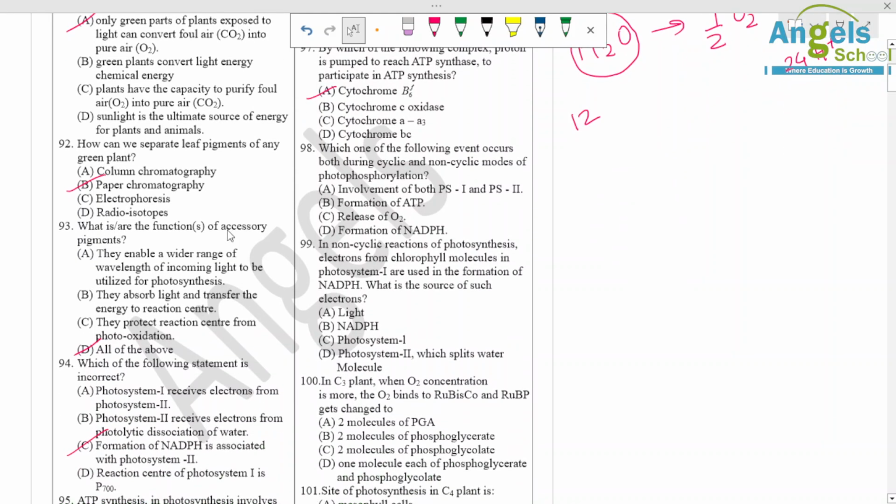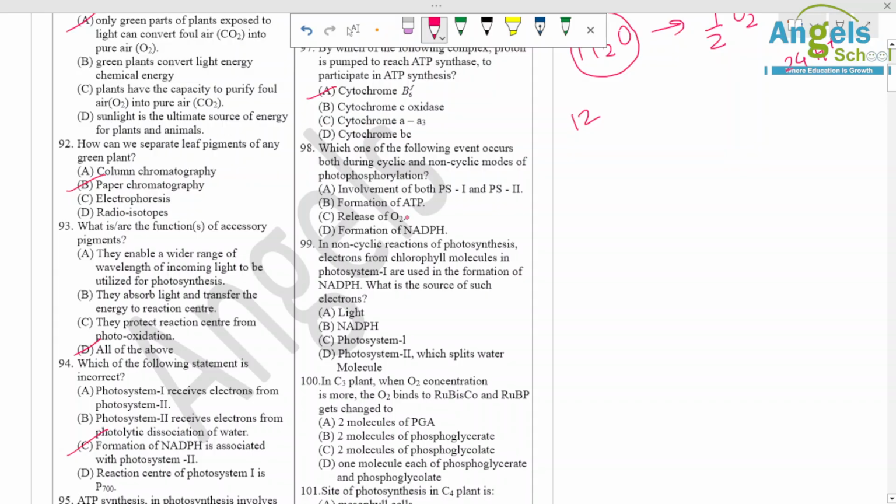Okay, next question is 98 number. Which one of the following events occurs during both cyclic and non-cyclic mode of photophosphorylation? Options are involvement of both PS1 and 2, formation of ATP, release of oxygen, and formation of NADPH.